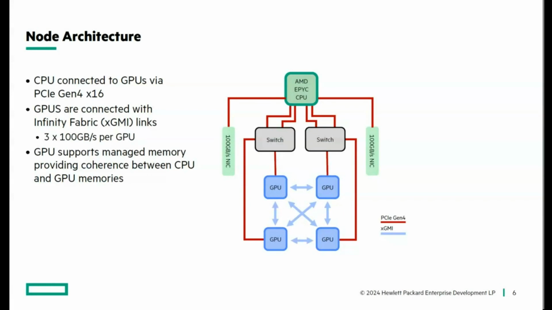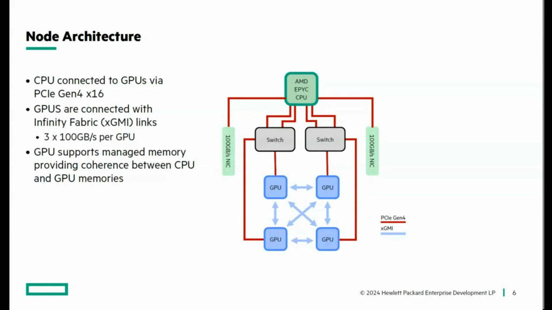The extra interesting thing about this node is that, as well as the PCIe connections, there's actually a daughter card that sits across the top of the GPUs that provides an Infinity Fabric interconnect, or XGMI interconnect, between the GPUs. The peak performance is that, from the perspective of one GPU, you have 300 gigabyte per second links to the other GPUs. That's the not-to-exceed number.